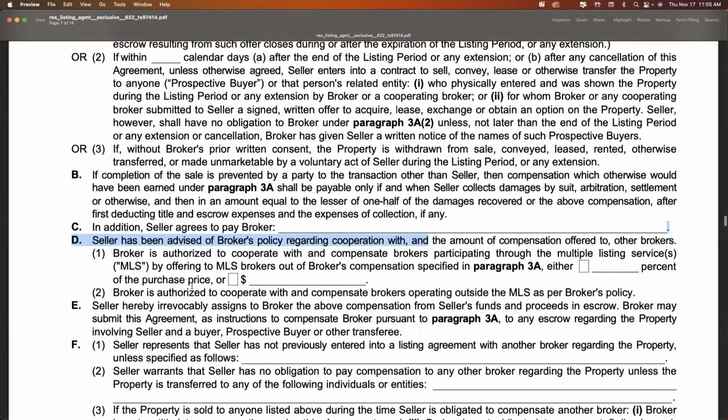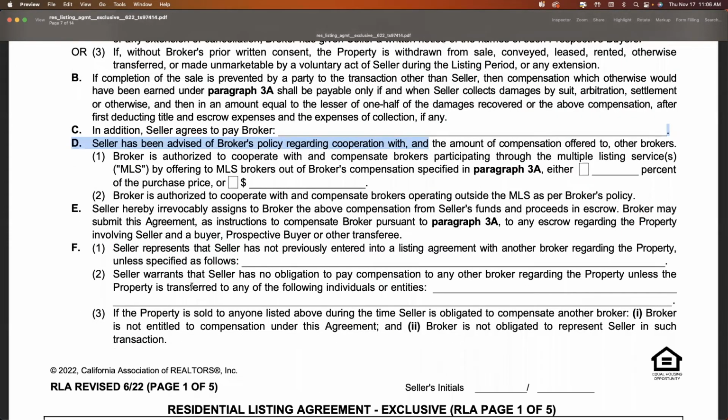Okay. 3D, seller has been advised of broker's policy regarding cooperation with and the amount of compensation offered to other brokers. The broker is authorized to cooperate with and compensate brokers participating through the multiple listing services by offering to MLS brokers out of broker's compensation specified in paragraph 3A, either box checked, blank percent of the purchase price, or a flat dollar amount.